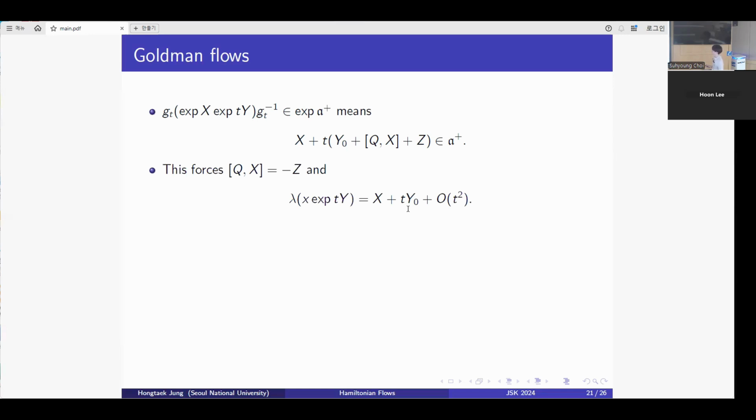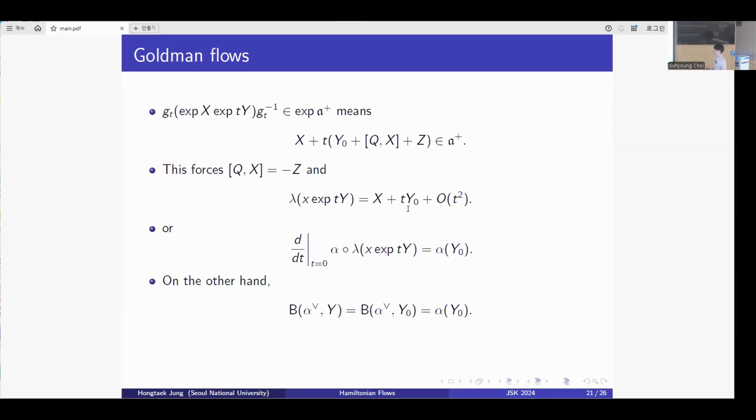So for this to hold, the sum of these two elements must be zero. So actually we don't have this part. Then if you take the Jordan decomposition, we only have this up to first order, or you can say that the first derivative of this function is nothing but this.